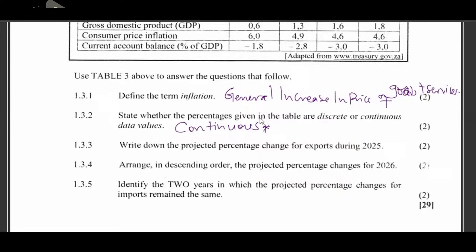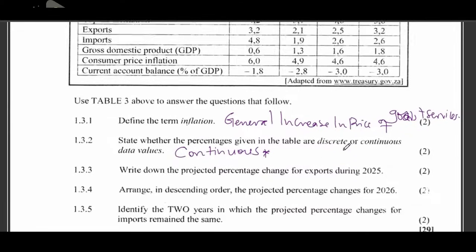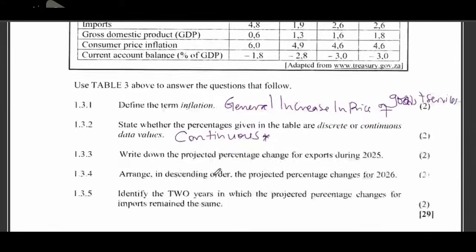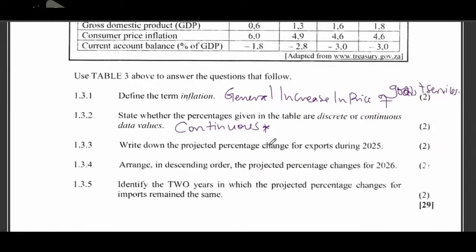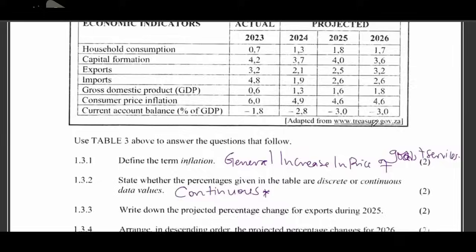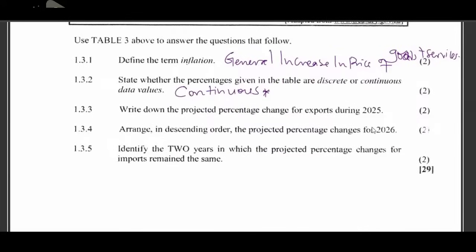Write down the projected percentage change for exports during 2025. Exports, we are looking at percentage change for exports. The percentage change for 2025, it's 2.5 as the answer.